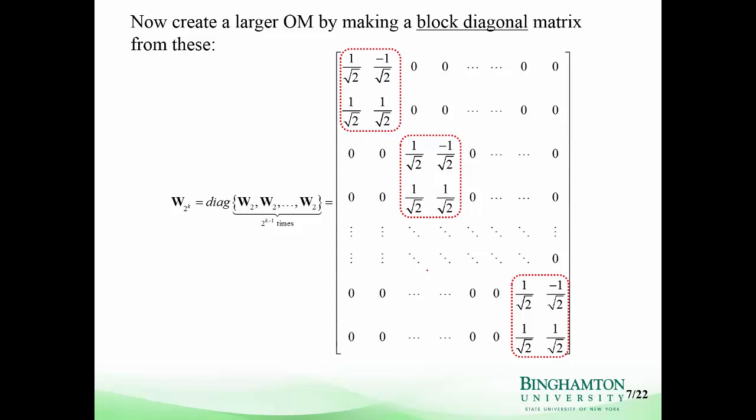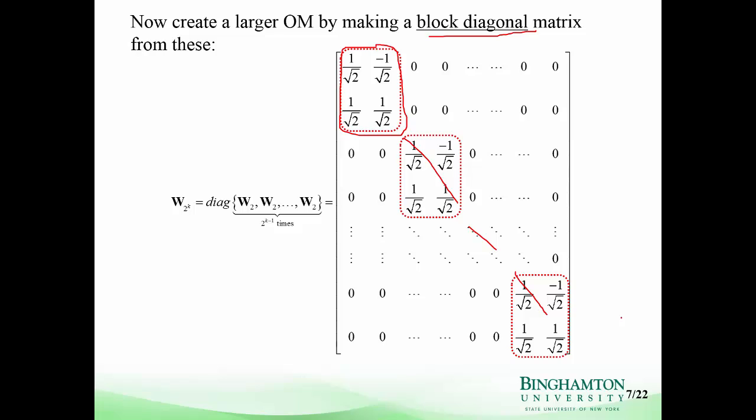Now what we're going to do is create a larger orthogonal matrix by taking a block diagonal approach. We've seen that term before, but I'll remind you what it means. It means to take some block, in this case our 2 by 2 block, and repeat it diagonally down a matrix.